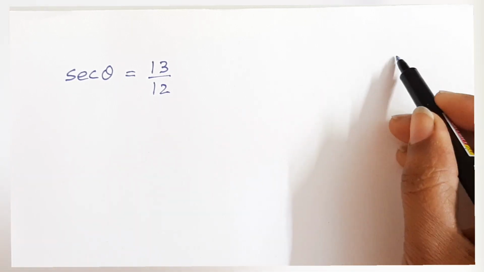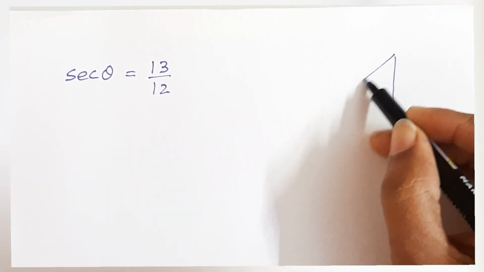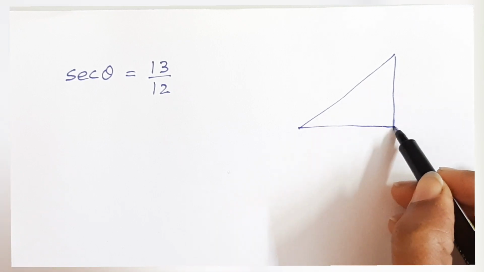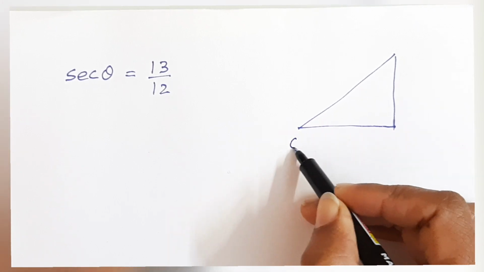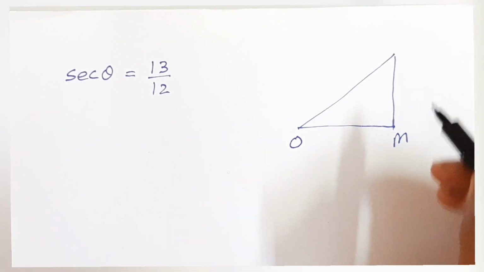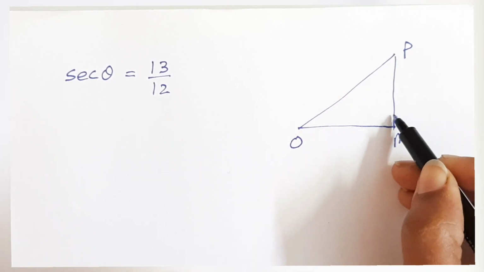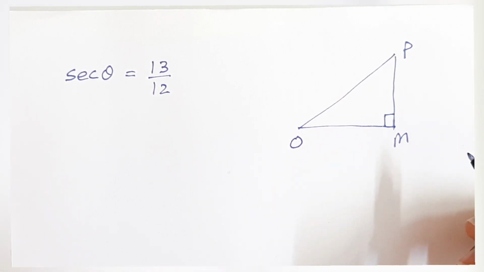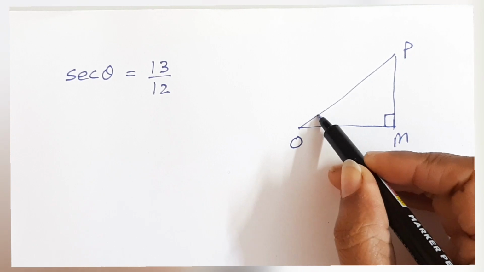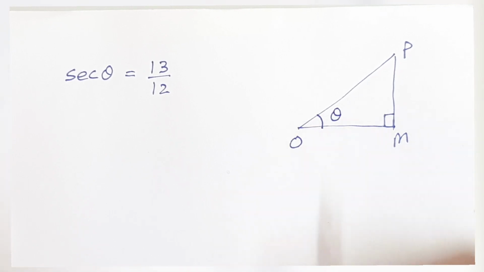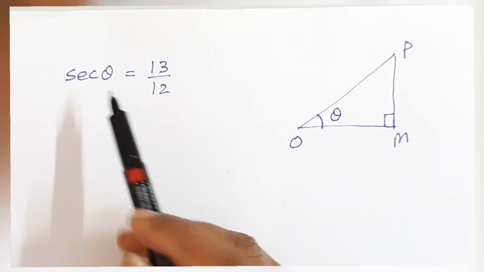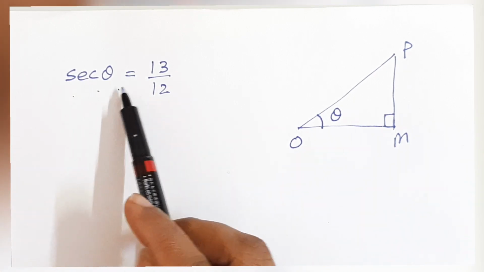Now let us make a right angle triangle first. In this right angle triangle, these are O, M and P, where angle M is 90 degrees and angle O is theta.